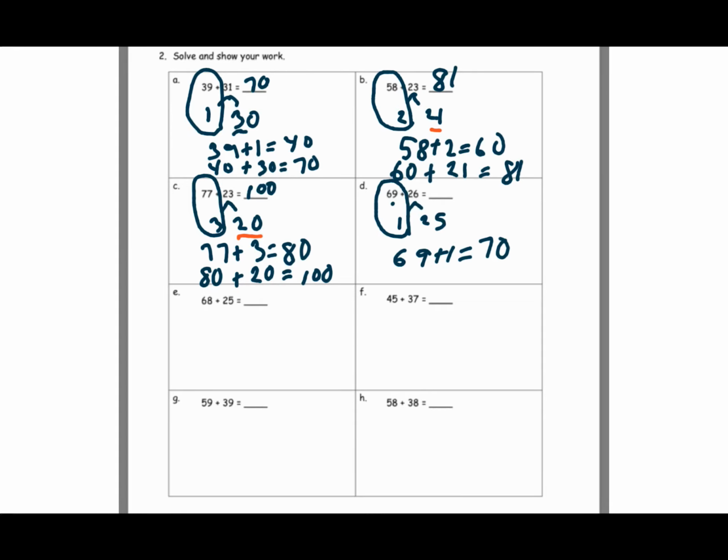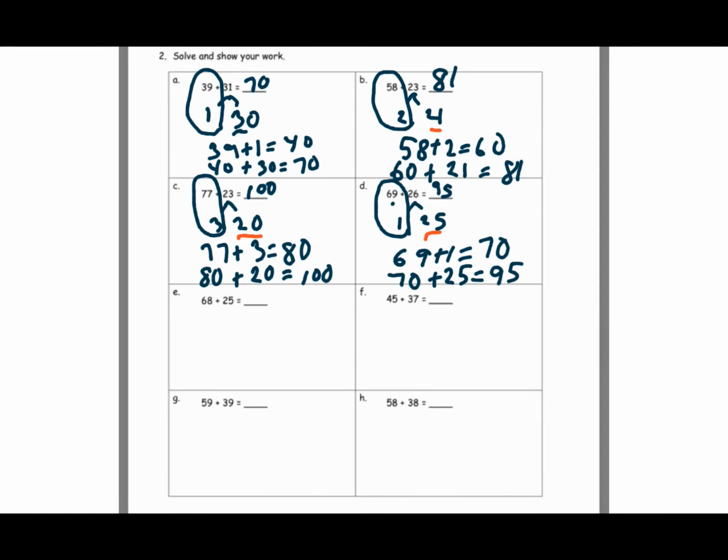But boys and girls, look at this. I still have 25. So 70 plus 25 is equal to 95. So that means, boys and girls, that 69 plus 26 is equal to 95.